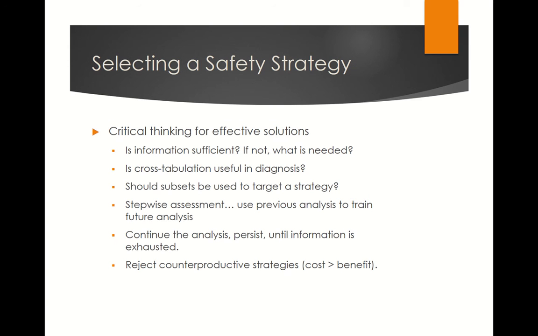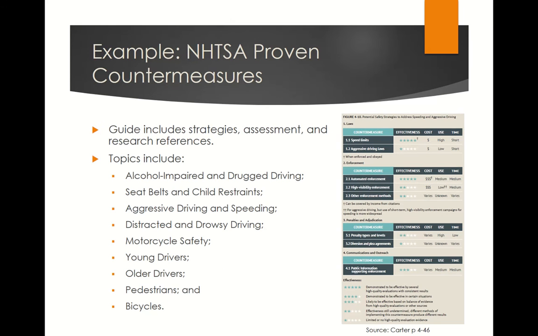And if in the end that countermeasure just turns out not to be appropriate, the cost turns out to be larger than the benefit, or if you revisit it and find out that is the case, it's time to go back and go through that process again and start to look at other opportunities for strategies.